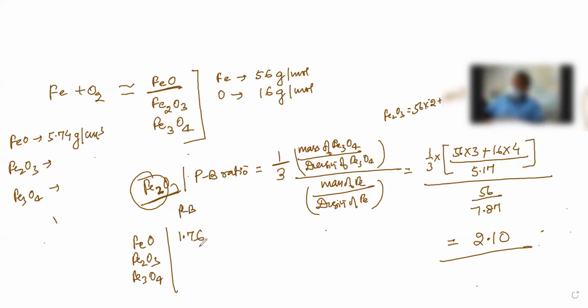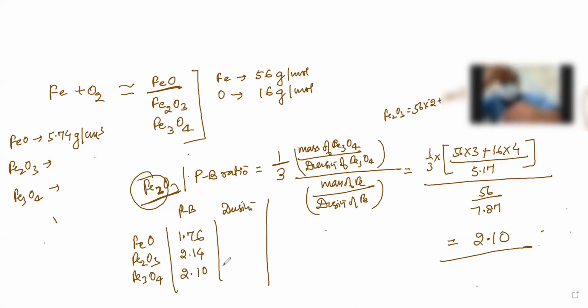For Fe2O3, how much did we get? 2.14. And for Fe3O4, 2.10.